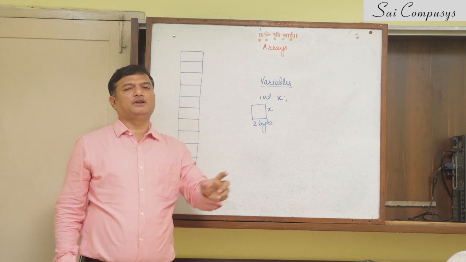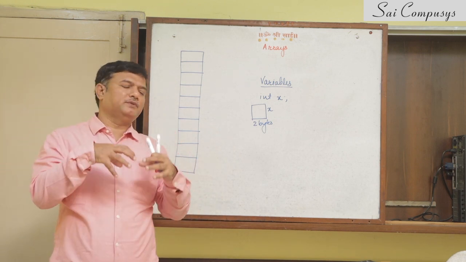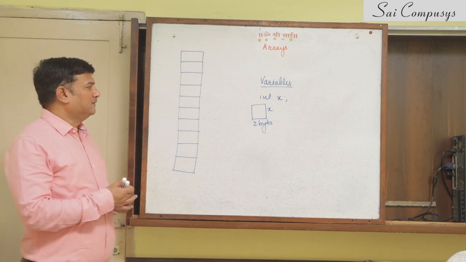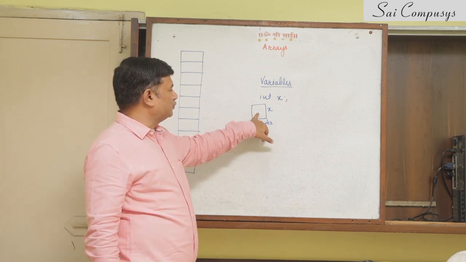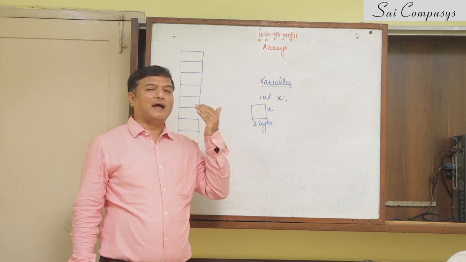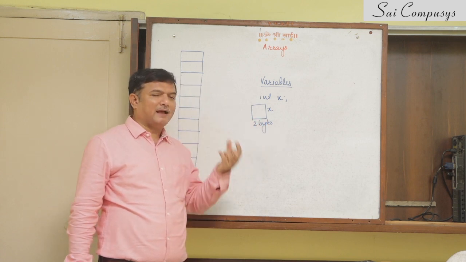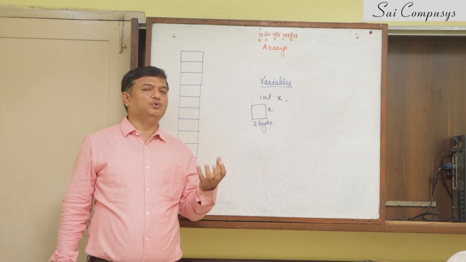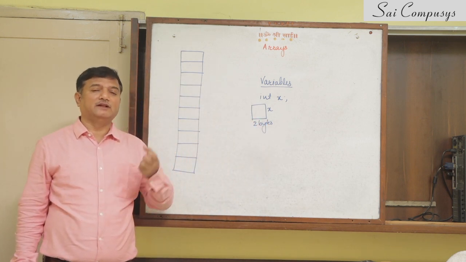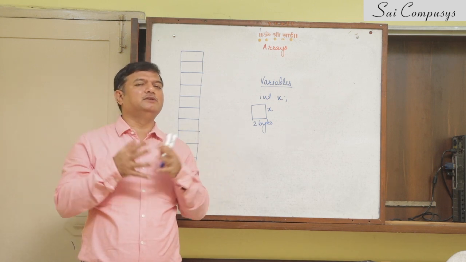Either it can hold 32 or it can hold 70. If you wish to have both of them, it's practically impossible. The second value, when you try to store it in this variable, will overwrite the first value. So that should not happen. A normal variable can hold a single value, it cannot hold multiple values, and that is why for every number in the program we create separate variables.